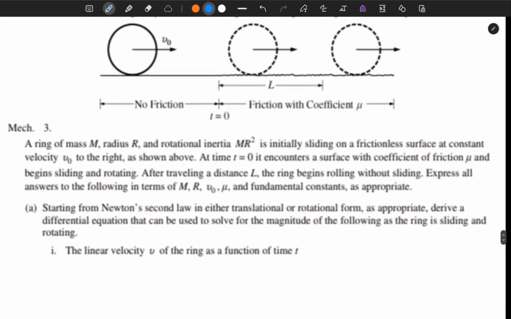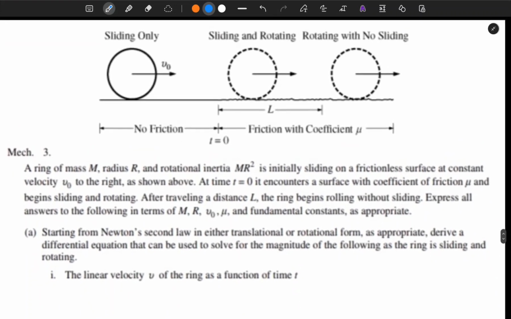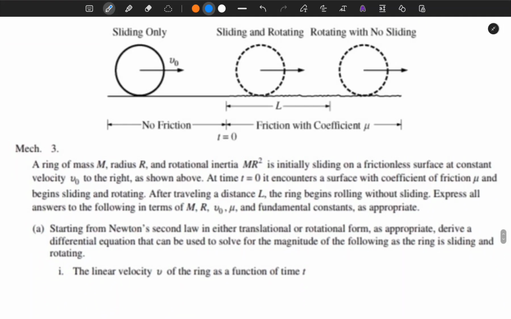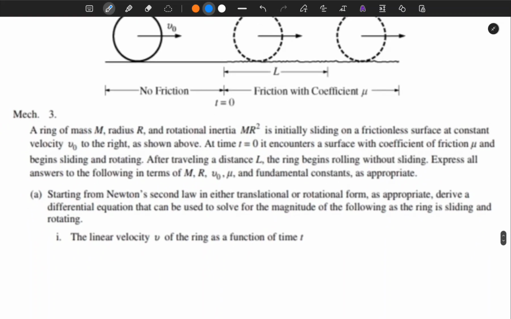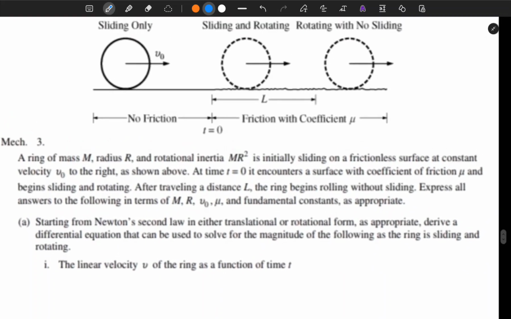Moving on to the third and final question of this exam, consider the following. A ring of mass m, radius r, and rotational inertia m times r squared is initially sliding on a frictionless surface at constant velocity v0 to the right, as shown above.